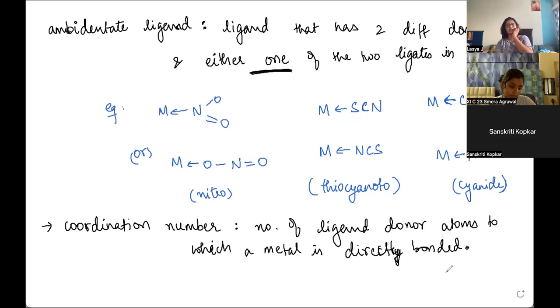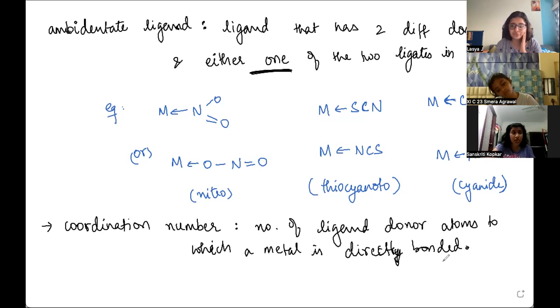To figure out the coordination number, you need to know in advance whether it's unidentate, bidentate, tetradentate, hexadentate, because based on that only you'll be able to figure it out.